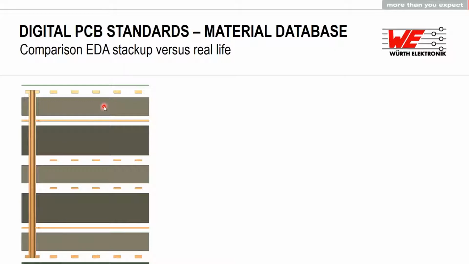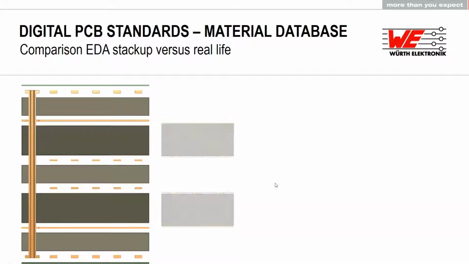So we have the normal way to produce a multi-layer board with prepreg and copper foil to the outside. Then we have a core material here in the darker color, and again copper, then prepreg, again copper and core, so symmetrically built up.